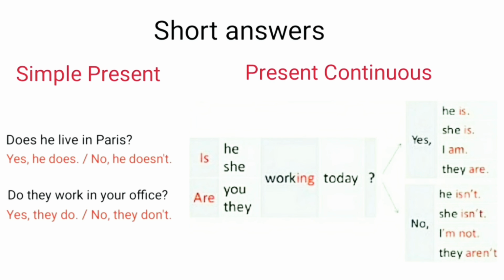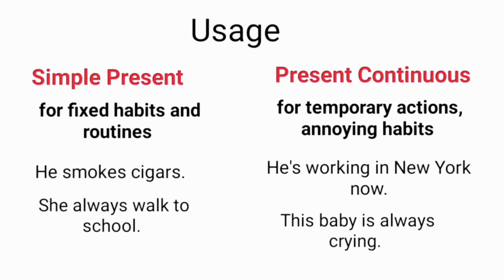While in present continuous, for the question is he working today, the short answer can be yes he is or no he isn't. And for the question are you working today, the answer can be yes I am or no, I am not.